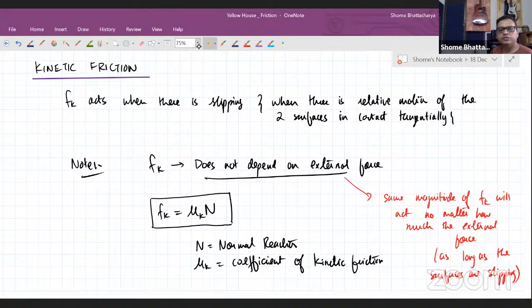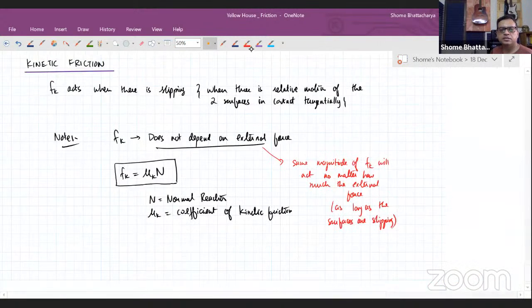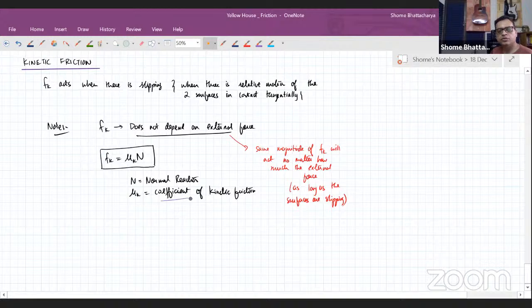Now this coefficient of kinetic friction again depends on the material of the surfaces in contact.